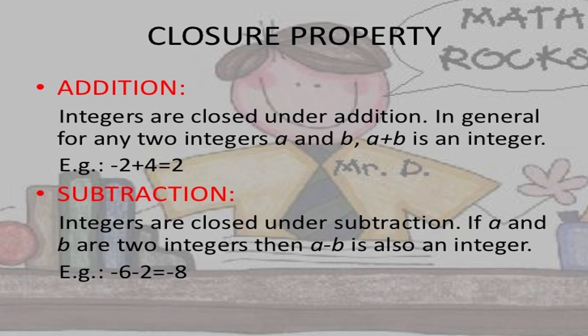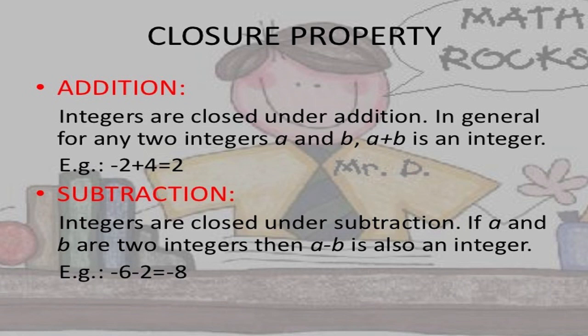Whenever we subtract any number from any other number, we'll get some positive number or negative or 0, which is a collection of integers. So we say that subtraction is closed under integers.